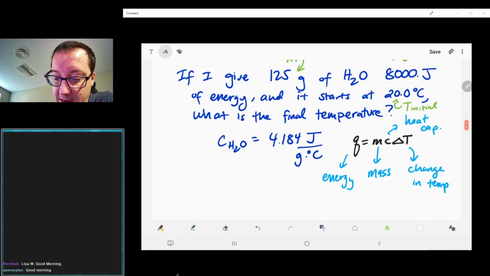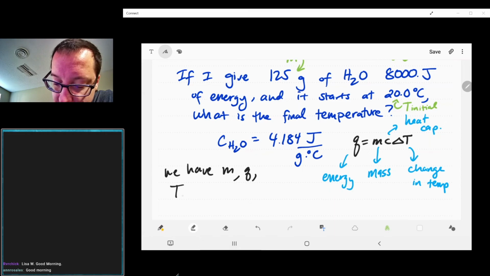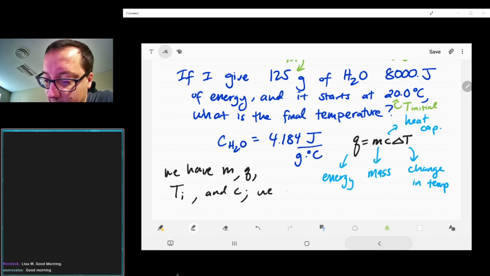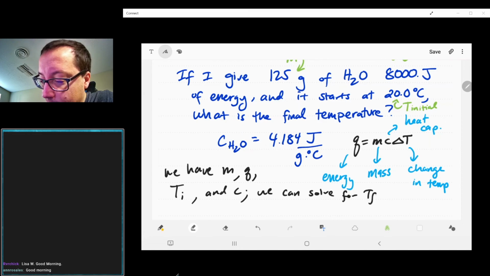So we now know we have M, Q, temperature initial, and C. Therefore, we can solve for the final temperature.